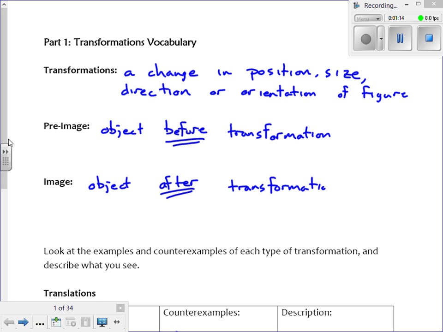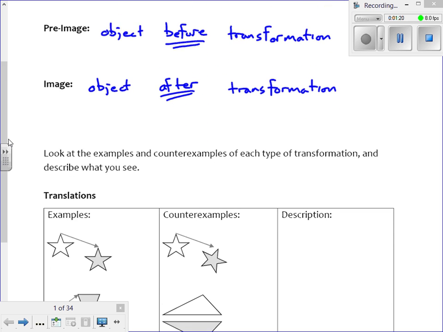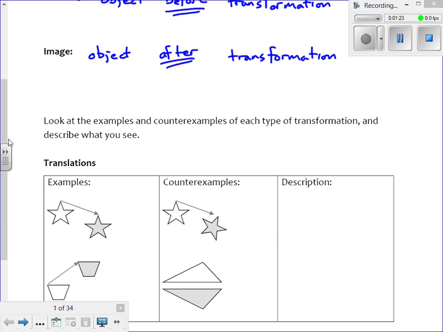A great way to tell the difference between preimage and image, if you look down here at the bottom, here's some examples as you start getting into translation. The white figure would be the preimage, and then the arrows indicating something's happened to the gray image, right? So the preimage is white, and then the image is gray, the after.